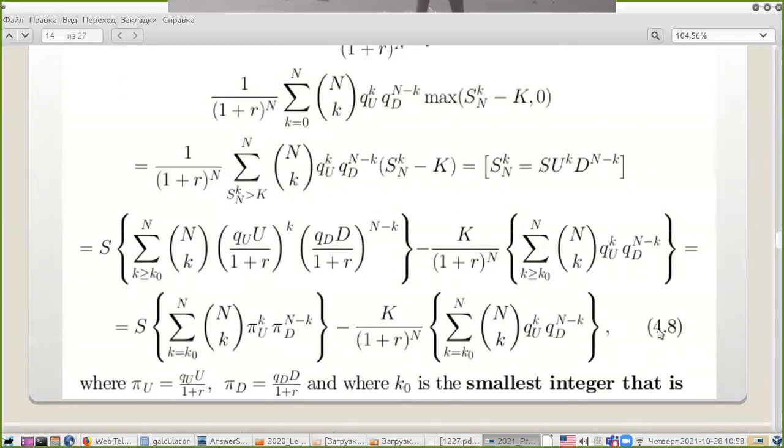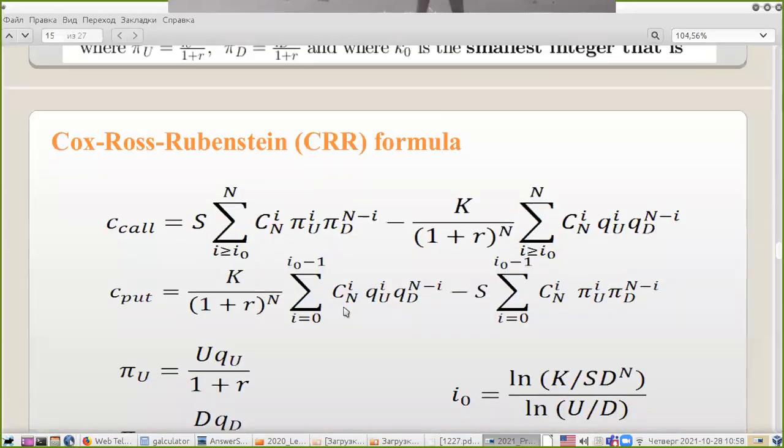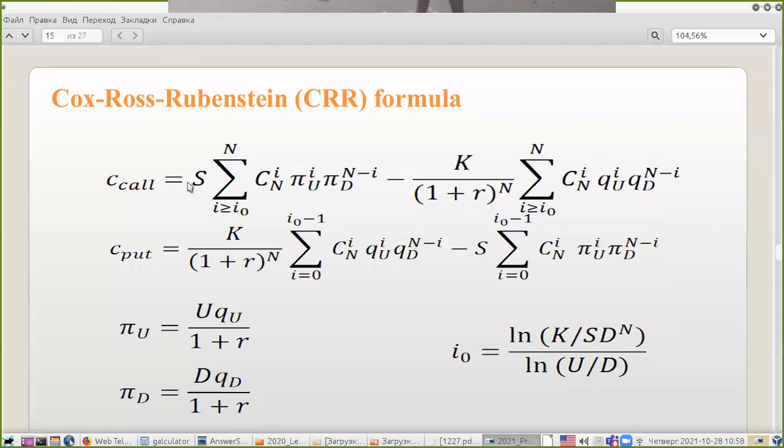So 4.8 is the Cox-Ross-Rubinstein formula, and you can see it in this slide.